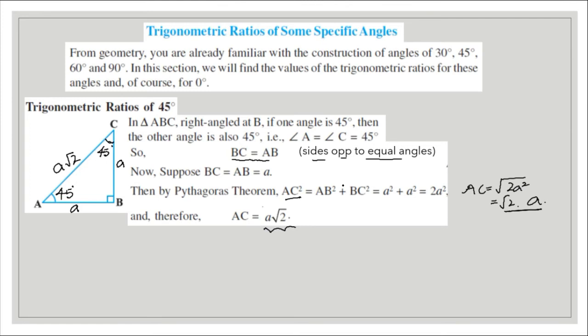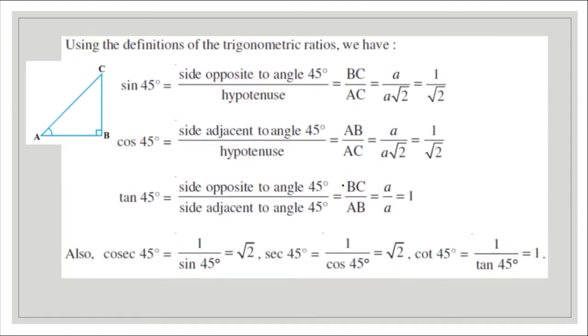When the sides are A and A times root 2, what happens to the trigonometric ratios? Let's analyze. I'm taking again a right angle triangle. Using the definition, let me define the angles here. Suppose angle A is considered as the reference.